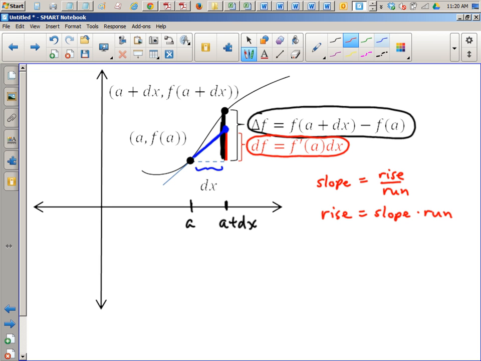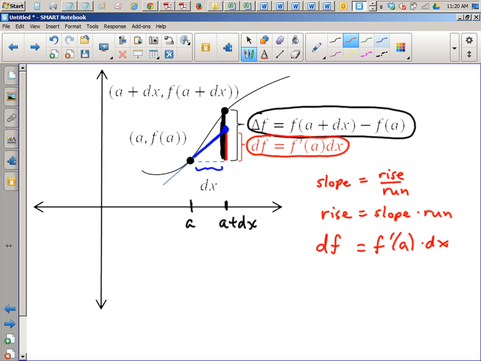The slope of this blue line is f prime at a. That's the slope of that blue line. dx is the amount of run, so this is just slope times run. f prime at a times dx. All right? And this we call df.